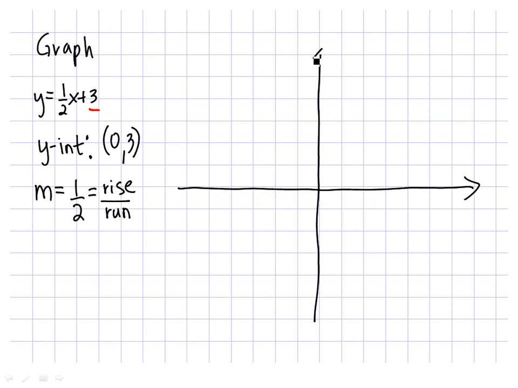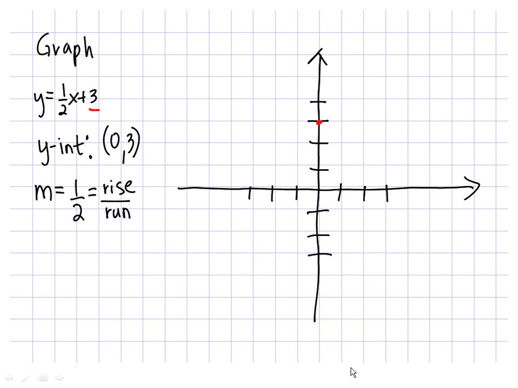Alright, so the first thing you do is plot the y-intercept 0, 3. So where to go to plot that? From the origin you will go up 3. Then you will rise 1. So let me make this another one.